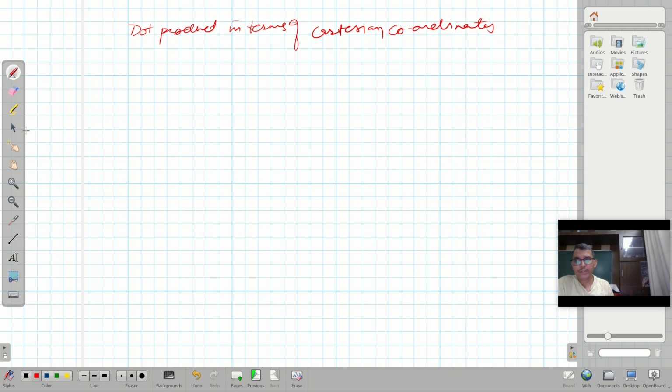So suppose there is a Cartesian coordinate system. In this system, let us consider two vectors.